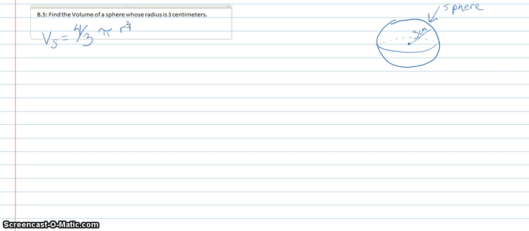The fifth example in lesson B is to find the volume of a sphere whose radius is 3 centimeters. The volume of a sphere is 4/3 pi r cubed. So we're just going to fill in our radius and multiply this together.